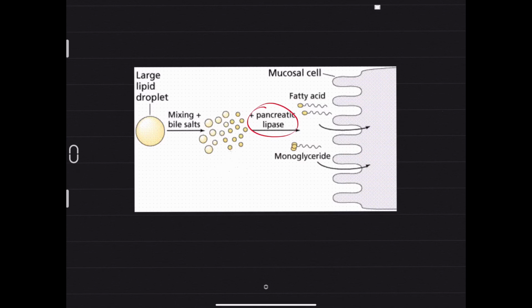So this is important in terms of understanding that the second aspect of bile is to emulsify large lipid droplets into smaller droplets, giving a greater surface area for the lipase enzyme to work on. And the enzyme will break down the lipid molecule or the fat molecule into its constituent parts that you can see here and allow for easier absorption.